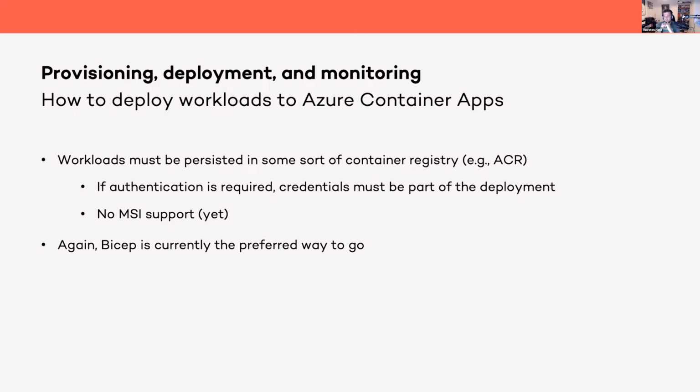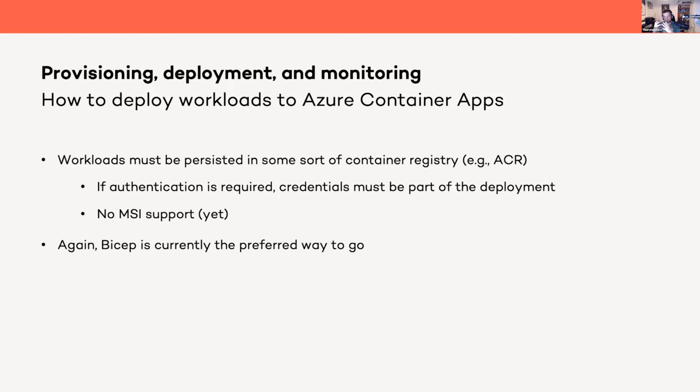Unfortunately, although we can use managed identities or service principals, or user assigned identities or system assigned identities for our containers, we cannot use managed service identities to talk to a protected container registry.